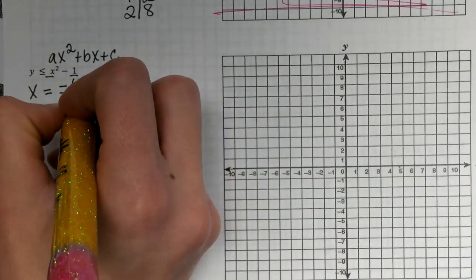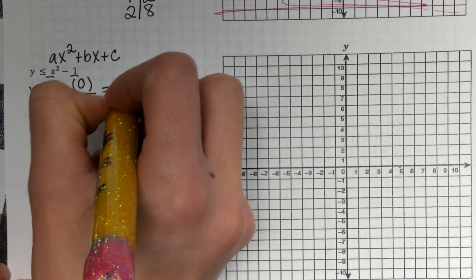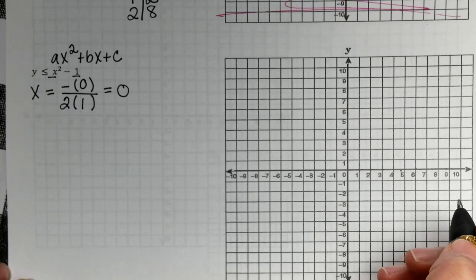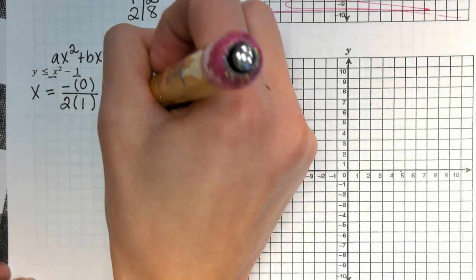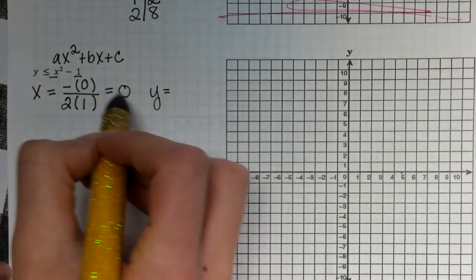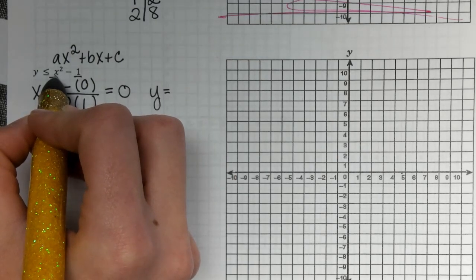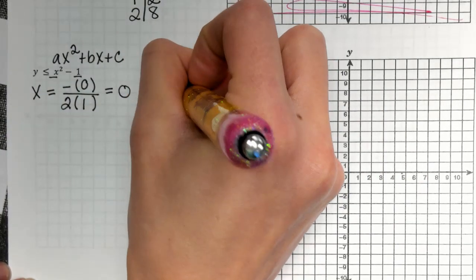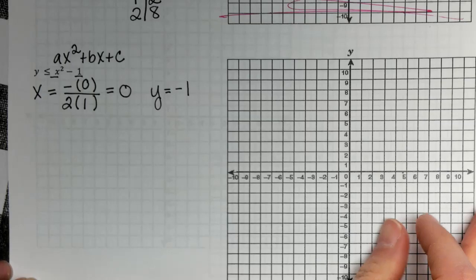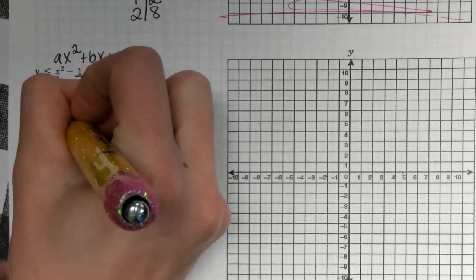And then my a is just 1. So my x value is going to be 0 for my vertex. So now if I plug in 0 for my x, 0 squared is 0, minus 1 is negative 1. So my vertex will be 0, negative 1.